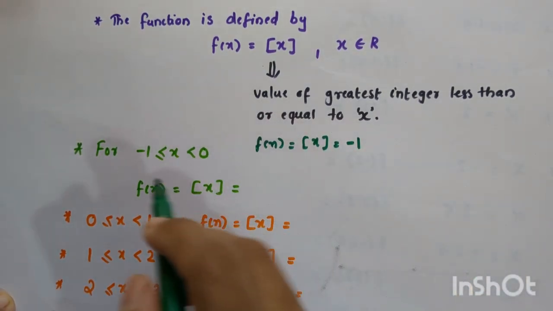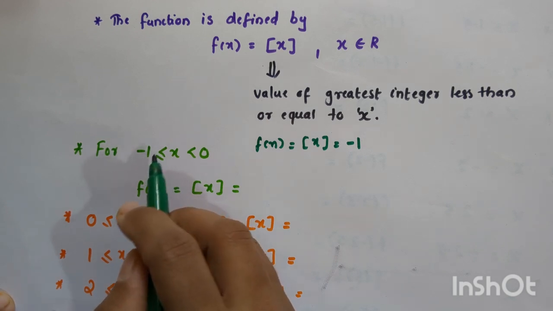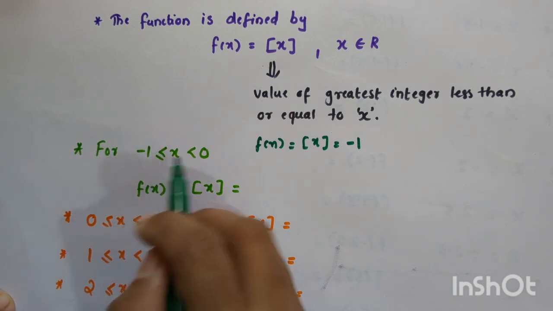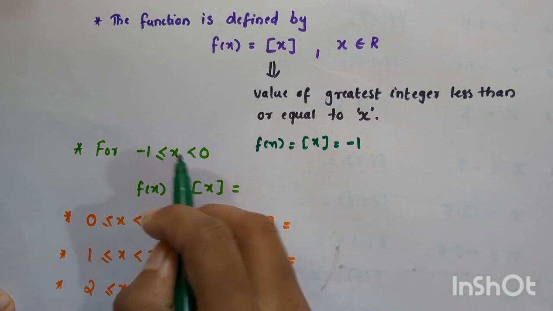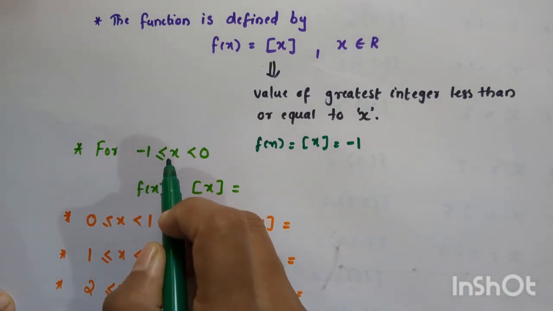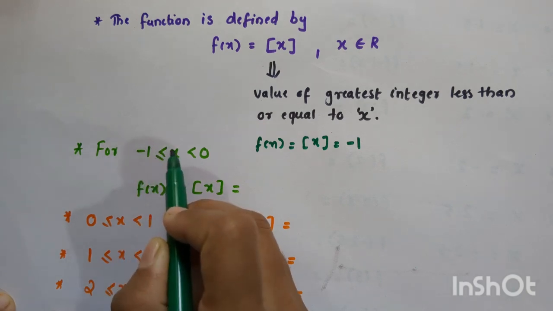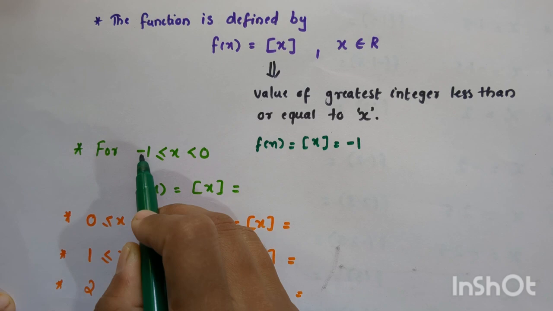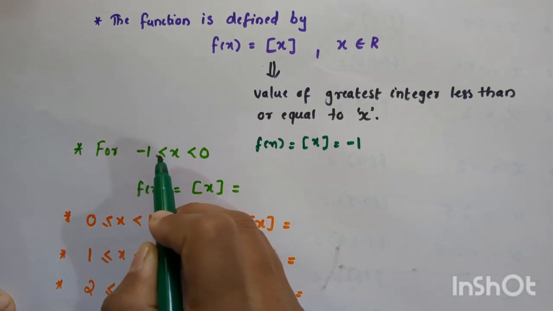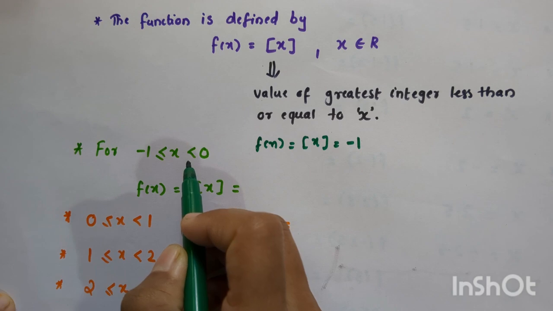This means x can have values which are less than 0 and greater than or equal to minus 1. So x can be equal to minus 1, or greater than minus 1 but less than 0.